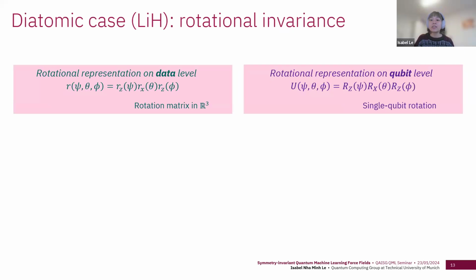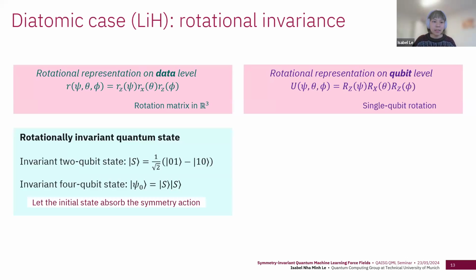And actually, the same parameterization can be taken to get the representation on the qubit level by now just taking the corresponding single qubit rotations. The singlet state is invariant under rotations, and we can expand this to any even number of qubits by repeatedly tensoring the state.